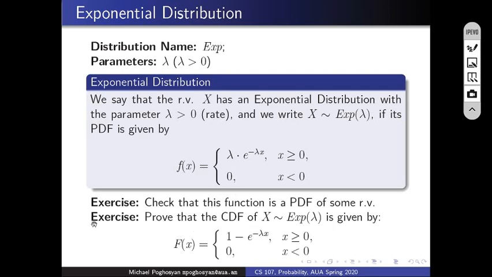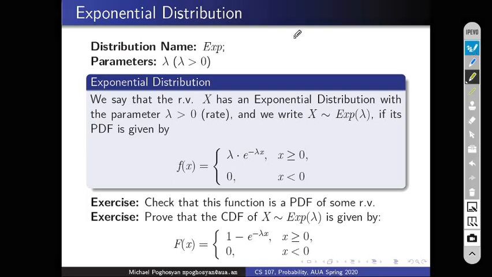And another exercise is to prove that the CDF of our exponential lambda random variable x is given by this F of x, which is 1 minus e to the minus lambda x if x is non-negative and 0 if x is negative.